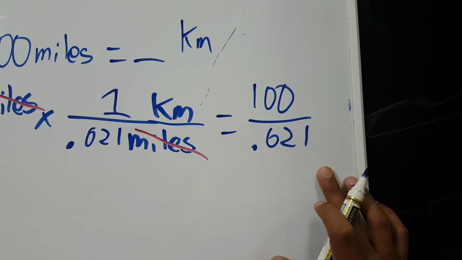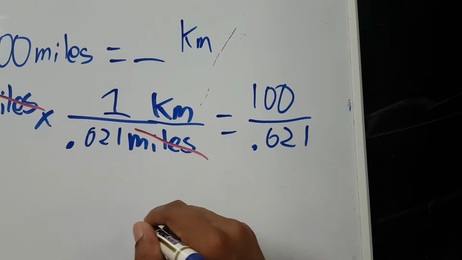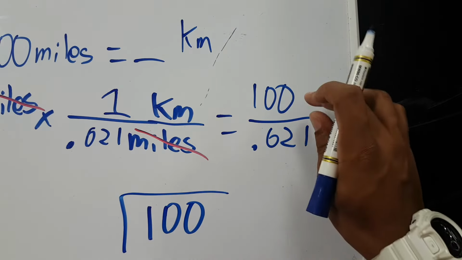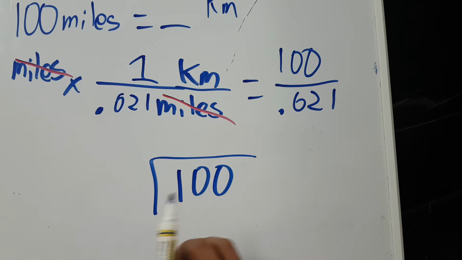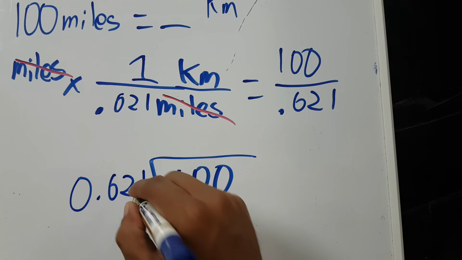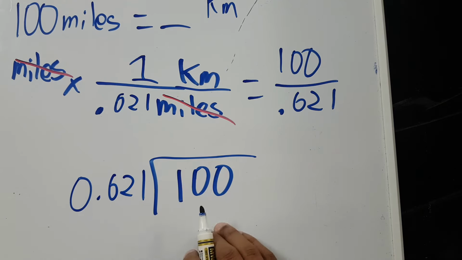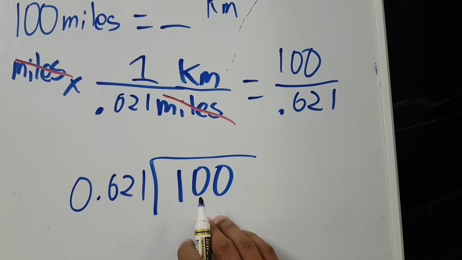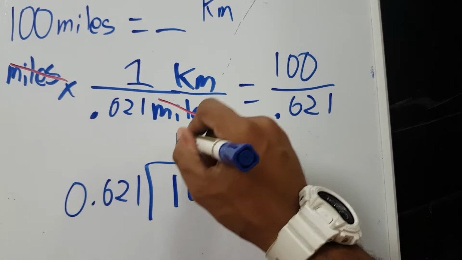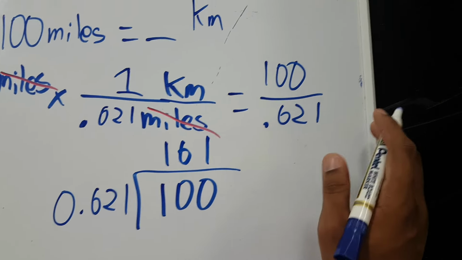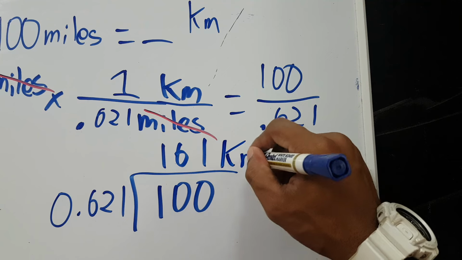The 100 is going on the inside because it is the numerator. We ask ourselves, how many times can 0.621 go into 100? You just plug that into your calculator, and you're going to get approximately 161 kilometers.